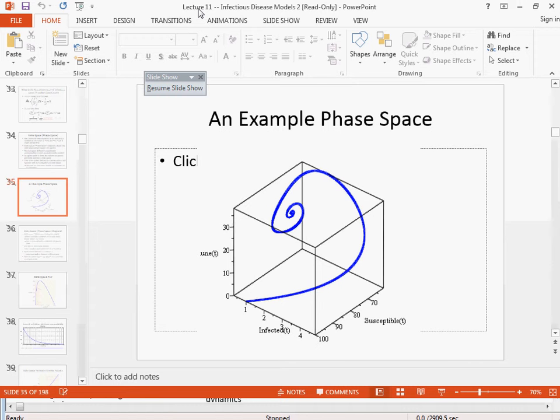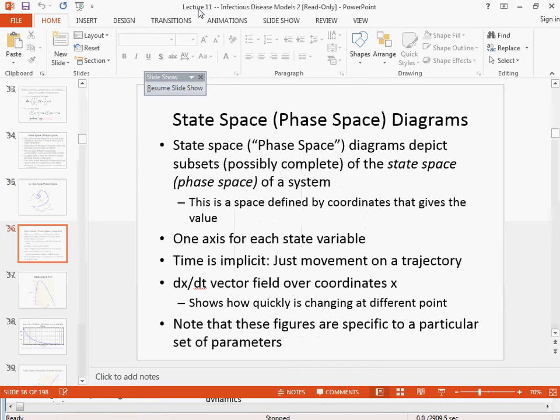So here we are summarizing the behavior of the system over time, but with a rather different lens. And this lens can lend itself to some extra degree of understanding and extra ease of labeling things. Here we have one axis for each state variable. Time is implicit. It's movement along a trajectory.